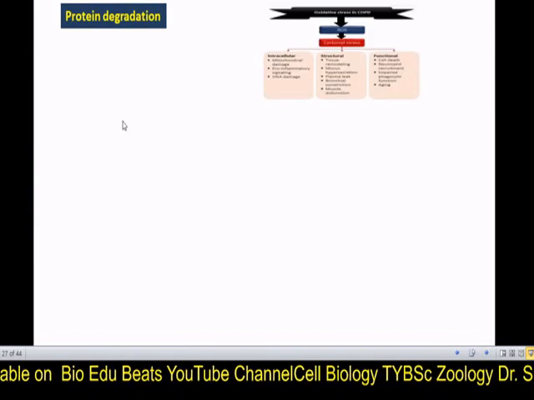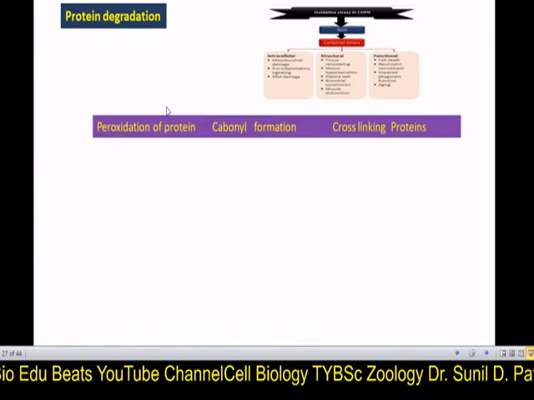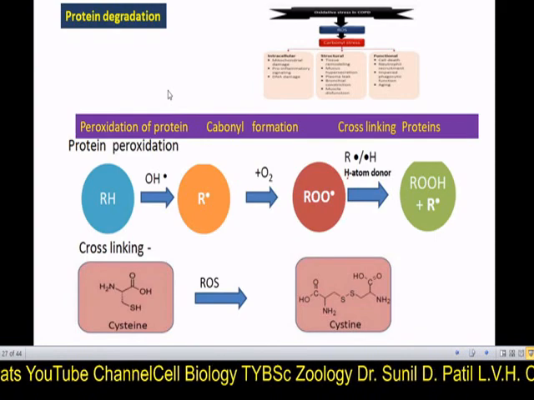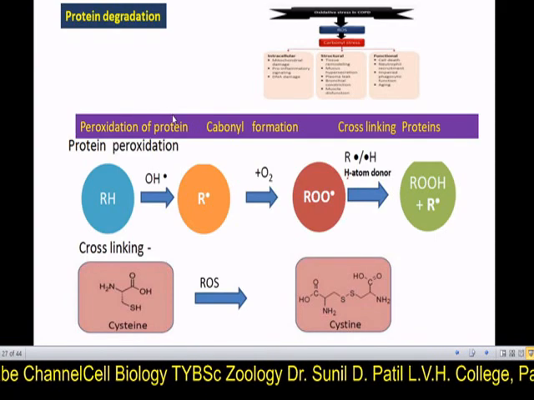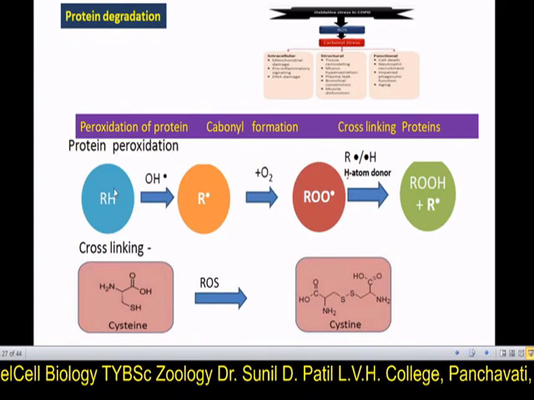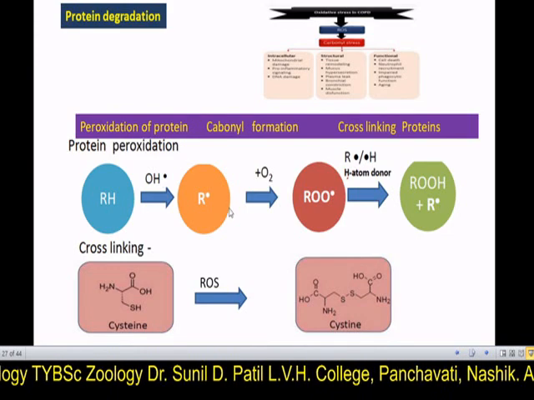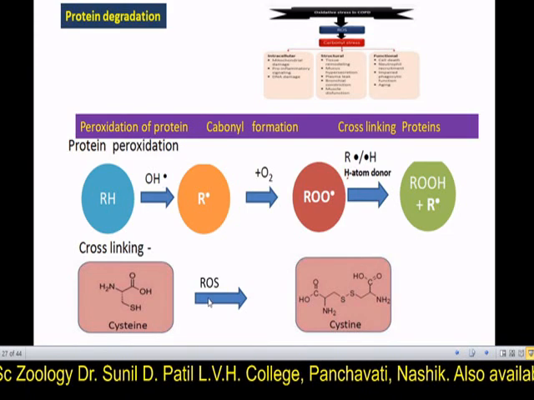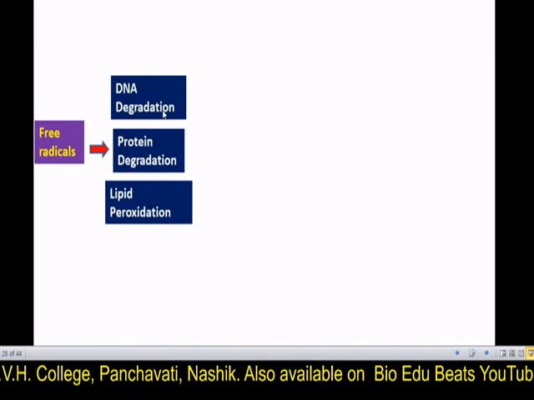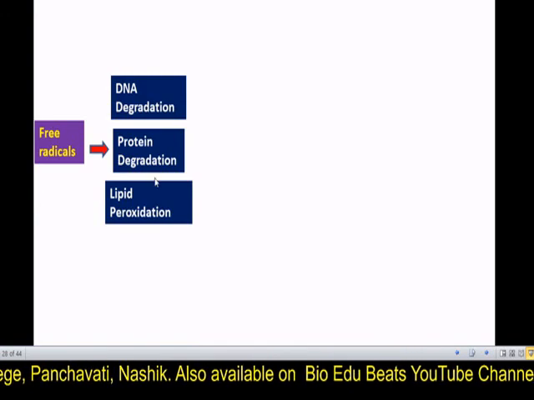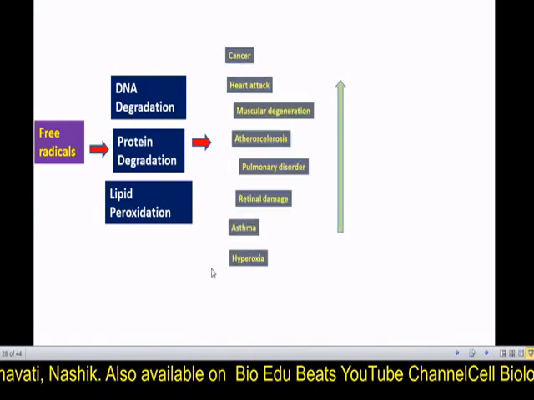Protein degradation occurs in cell damage, due to ROS mainly or hydroxyl radicals. In this way, we have already studied DNA degradation, protein degradation, and lipid peroxidation.